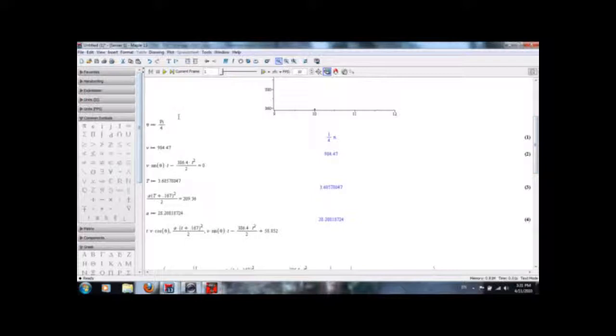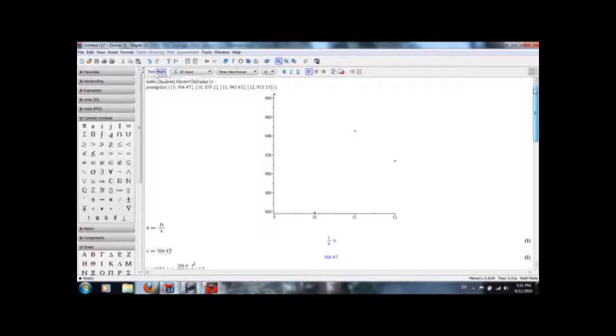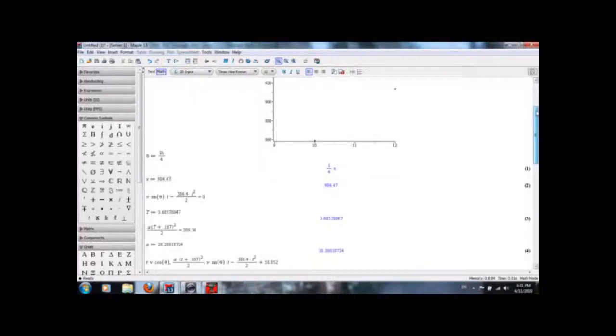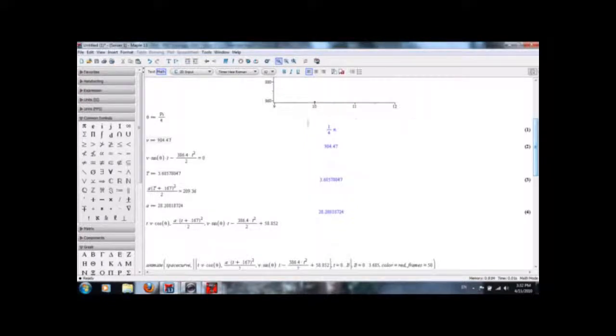Using that sports motion software, I found that my launch angle was pi over 4, 45 degrees. Like I said, I just assumed, based on reasoning about where the curve should be, that my initial velocity was 984.47.